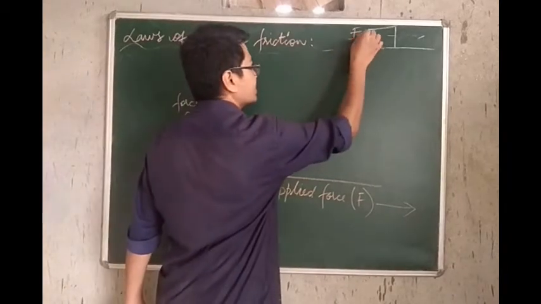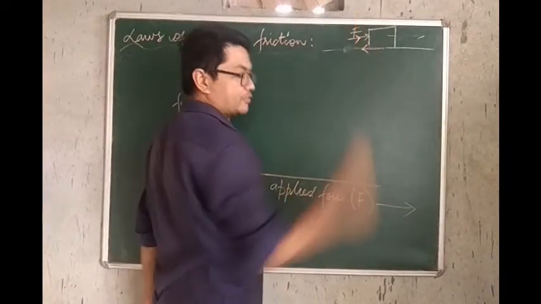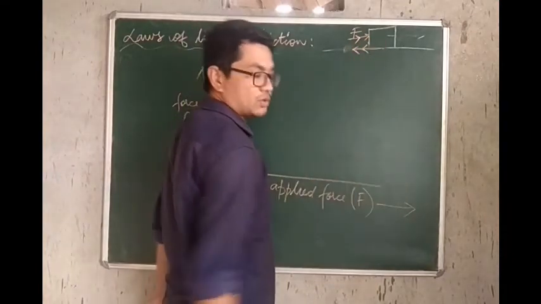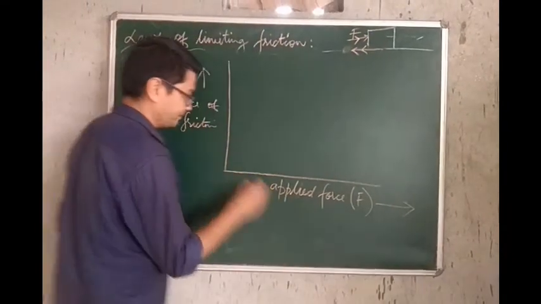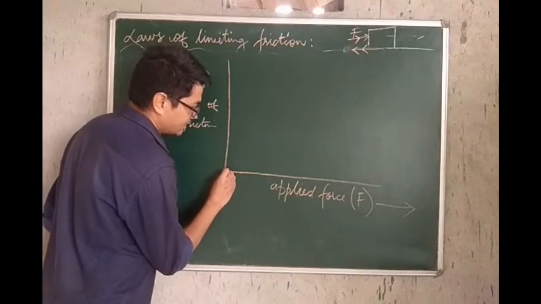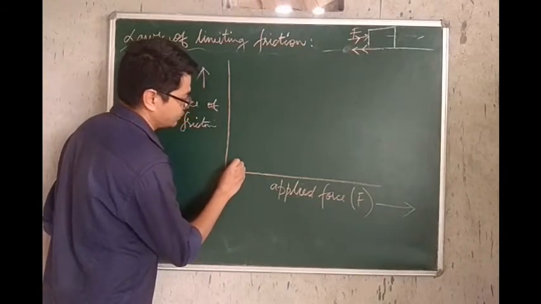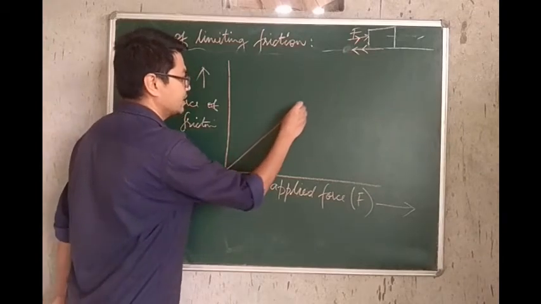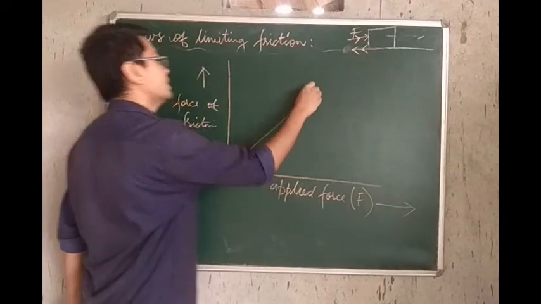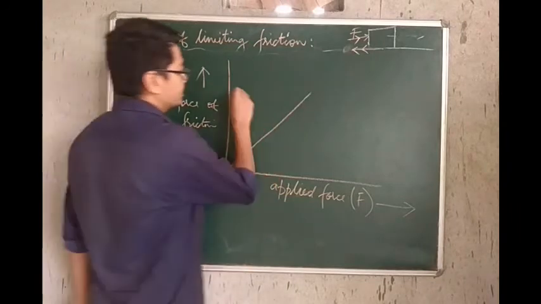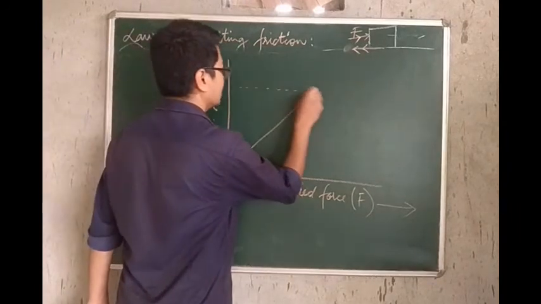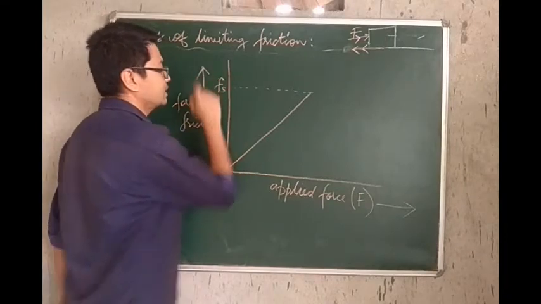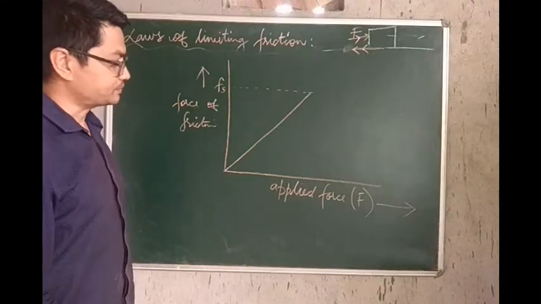You increase your applied force slightly, the force of static friction also increases proportionally. I increase the applied force, the force of friction also goes on increasing until it reaches a maximum value. This value is F of S, the value of limiting friction.